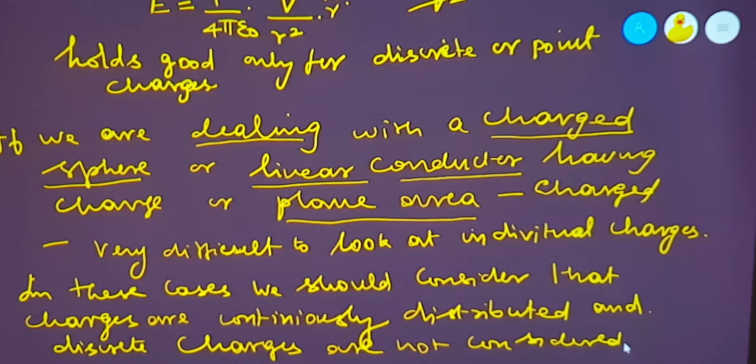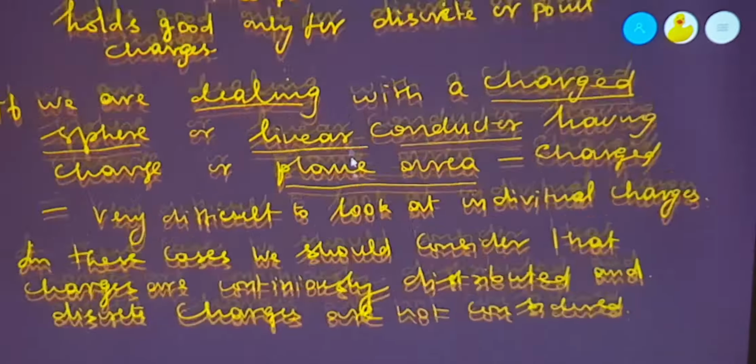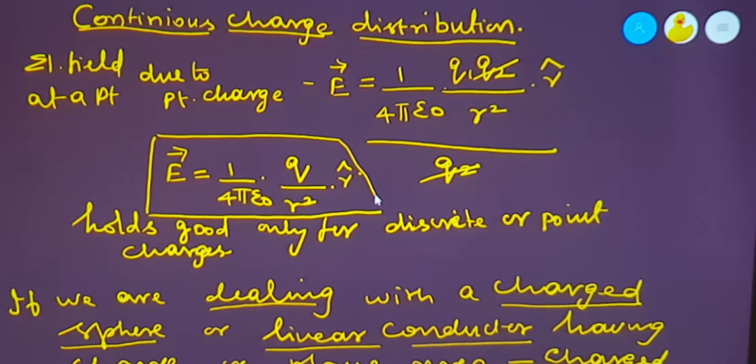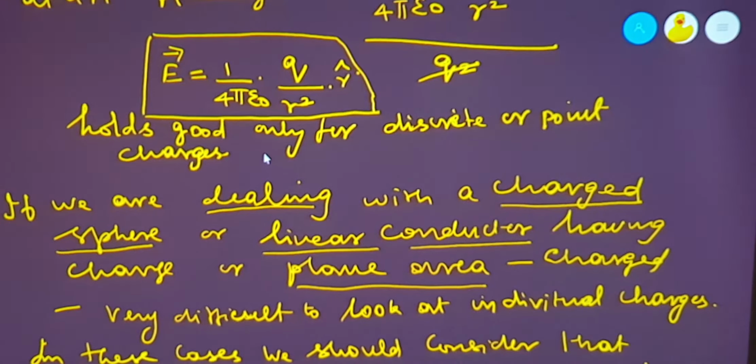Look again. If you consider the charges as individual charges, then you can get the electrical field at a point using the formula E vector equals 1 by 4 pi epsilon 0 q by r square into r cap. This holds good only for discrete or point charges.